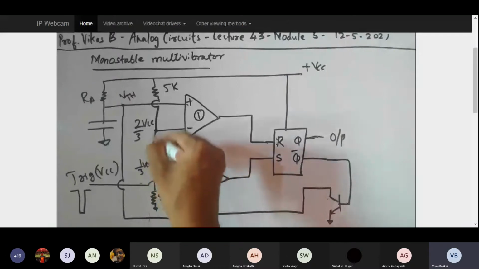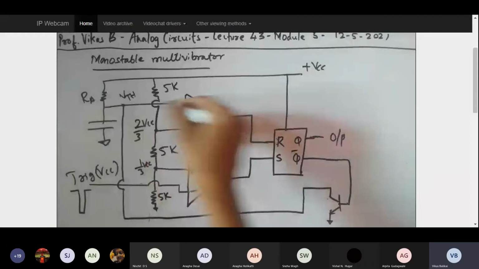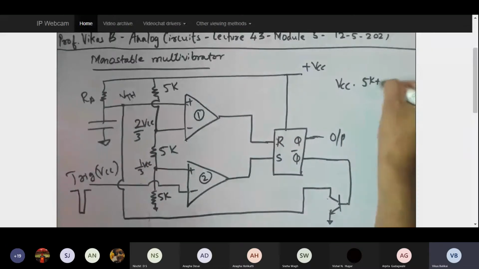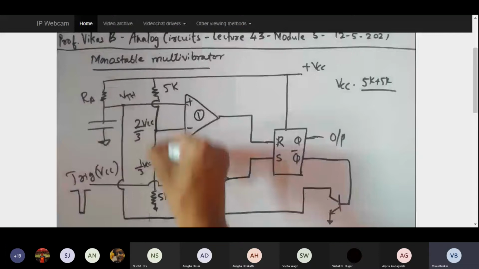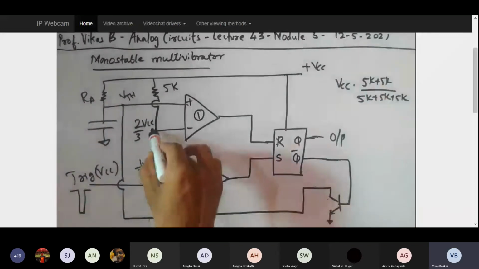This will have a coverage of both these resistances, so that will be VCC multiplied by 5K plus 5K divided by the combination of all the resistances. If you solve this, you get 2 by 3 times VCC. That's the voltage at this particular point.